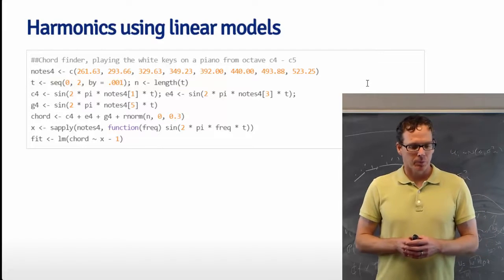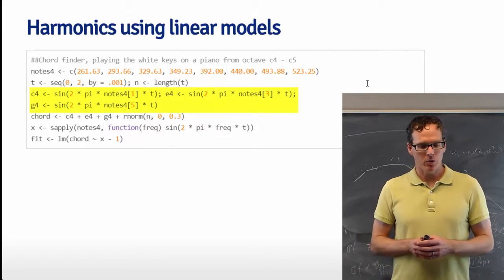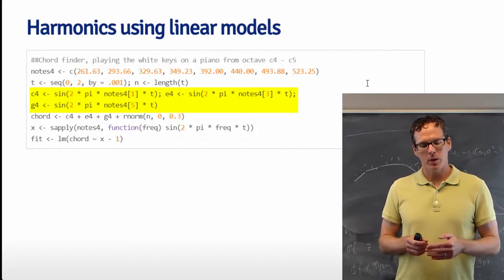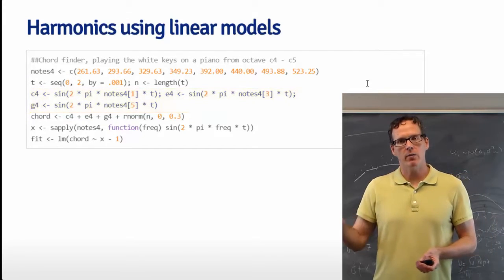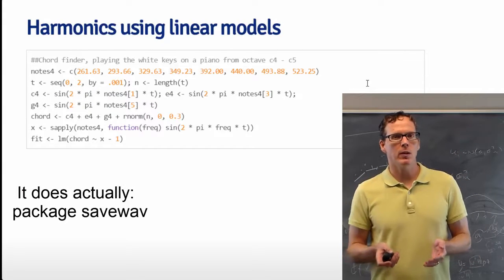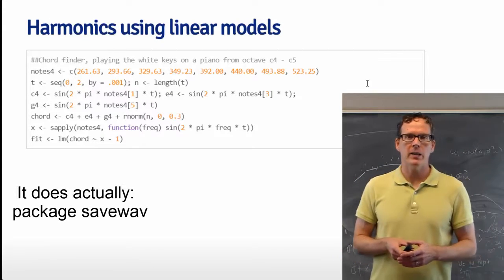And I created 3 notes, a C, an E, and a G. I created those notes by just creating a sine wave at that frequency. R doesn't really have the capability of playing this, but it's pretty easy to do in MATLAB.